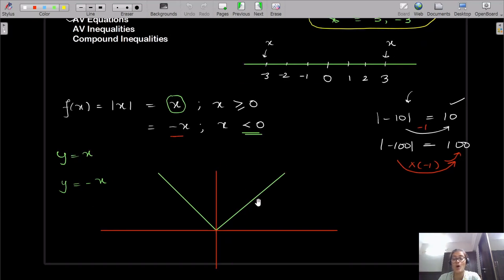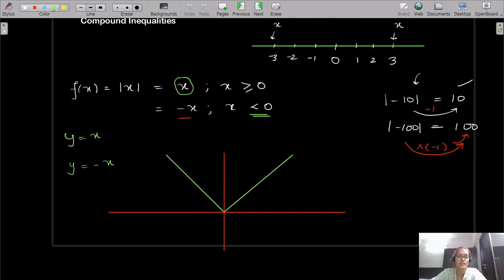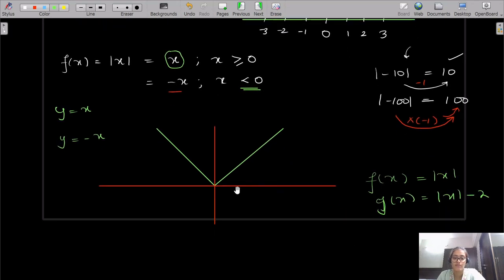Now again, a lot of questions can be asked in a lot of ways. For example, this is the graph of f of x equals absolute value of x. What will happen if you subtract a 2? Then this graph will shift down by 2 units.